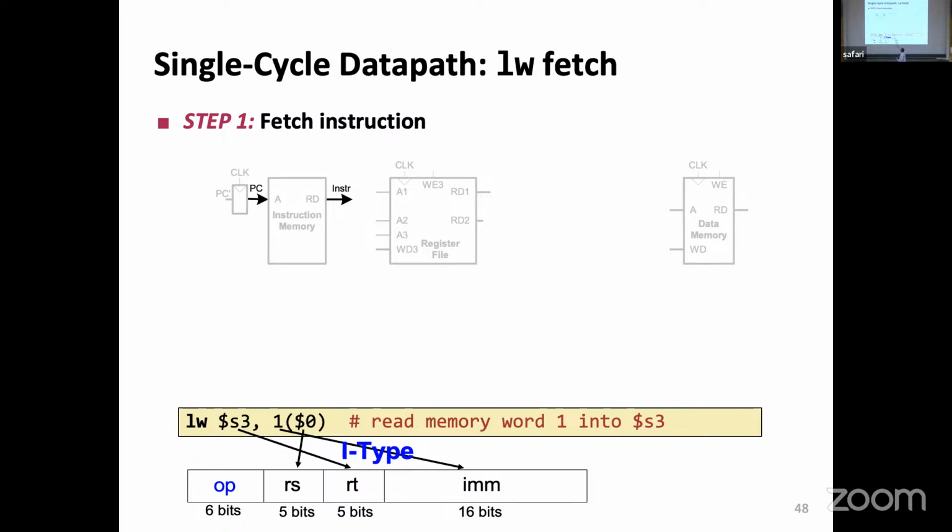Now, this instruction, once we read it out from the memory, is a 32-bit value, and looking at it, we see that it has different parts, and we realize this operation tells us that it is load word. We know that RT holds the destination, and the base address is here, and the constant is encoded in these 16 bits.